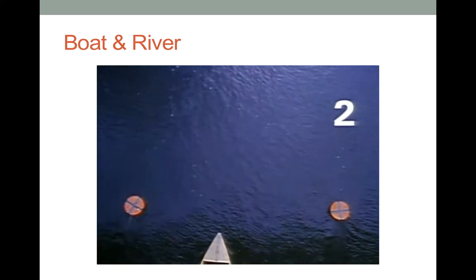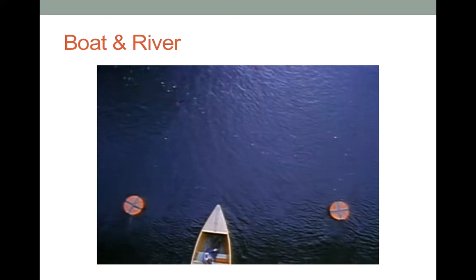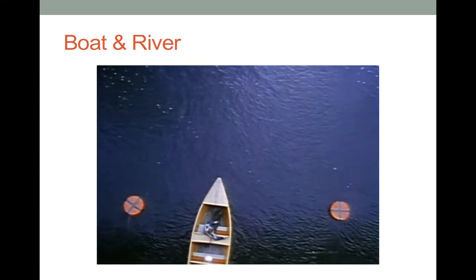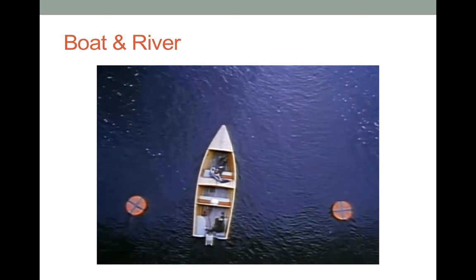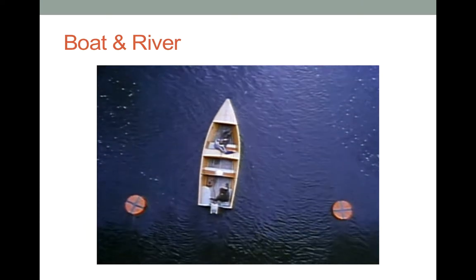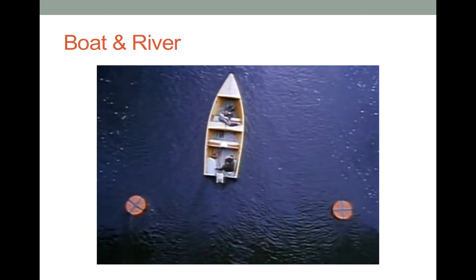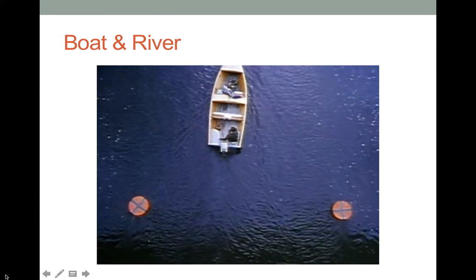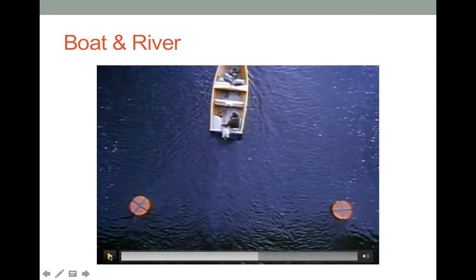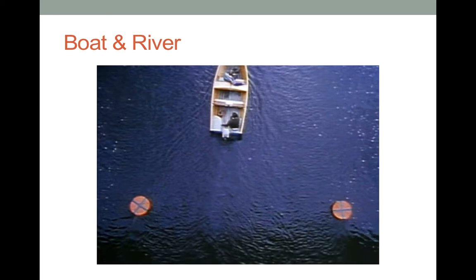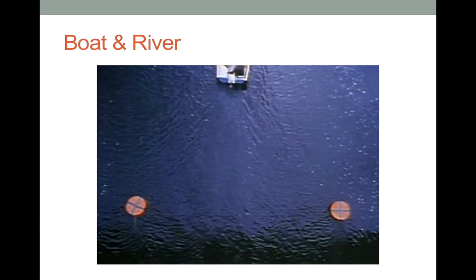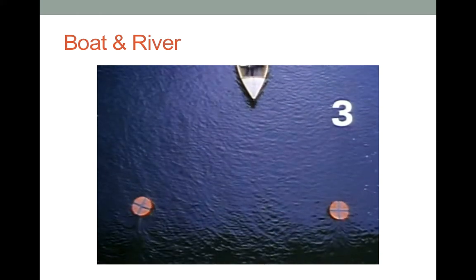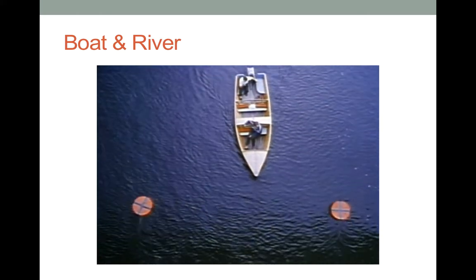You can use a vector equation to find the velocity of the boat with respect to the water. The velocity of the boat with respect to the shore is equal to the vector sum of the velocity of the boat with respect to the water plus the velocity of the water with respect to the shore. Here I just want you to notice that the boat is moving very slowly when going upstream. You can use the same vector equation that you used for the previous segment.